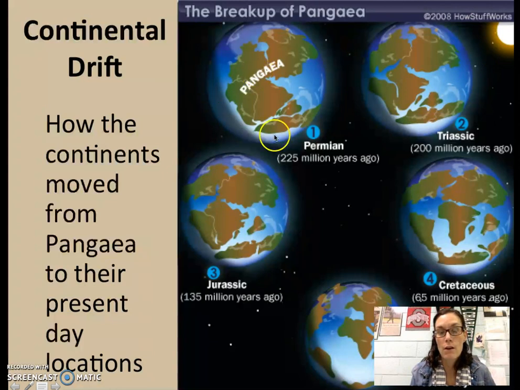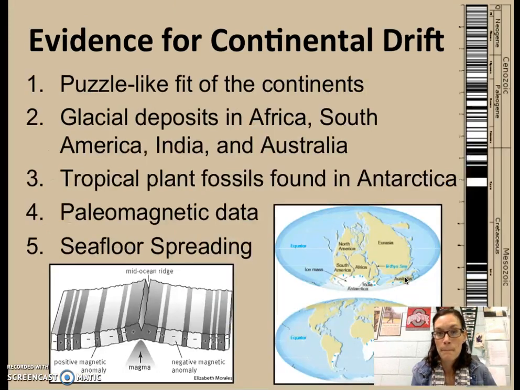In this diagram, we see that during the Paleozoic era, scientists believe that our continents came together to form a supercontinent called Pangea, and then they slowly have been moving apart since the Mesozoic era. So you see Triassic, Jurassic, Cretaceous, and now we have our present day formations. We're still slowly moving apart, but obviously we won't see this in our lifetime. This is happening over millions of years.